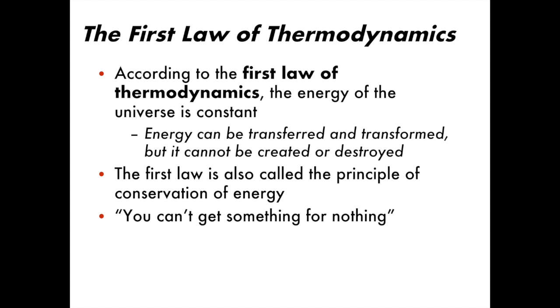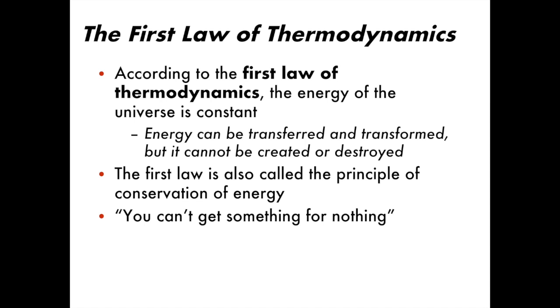So, first law of thermodynamics or energy transformation is that the energy of the universe is constant. So far as we know, the energy of the universe is constant, which means that energy, we can transfer it or transform it, but we can't just make up new energy or get rid of old energy.